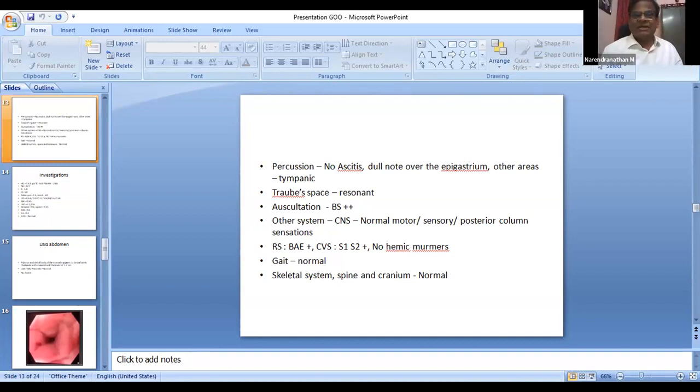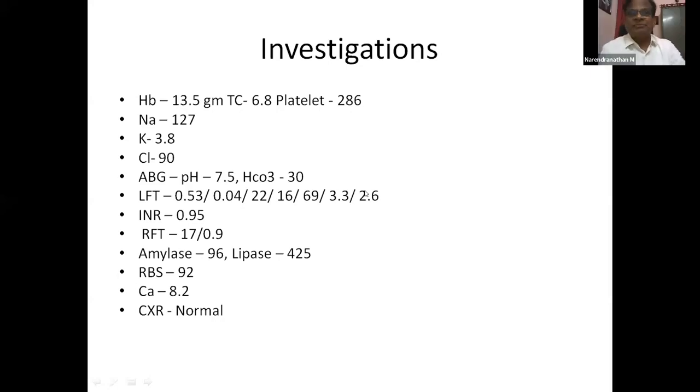Slide number 14. On the left side, you can click on that with the mouse. Is it visible, sir? No. Is it visible now? Yes.